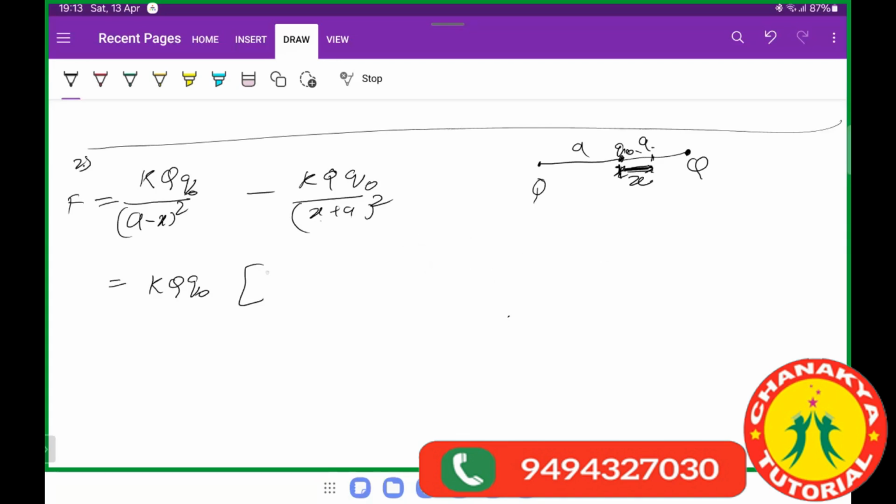So what I'm doing here, I'm taking this kq common outside. So here I'm taking 4ax divided by a minus x square, the whole square again.